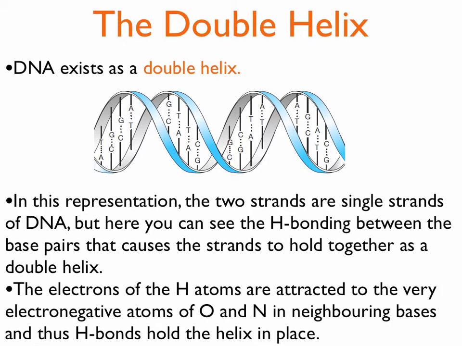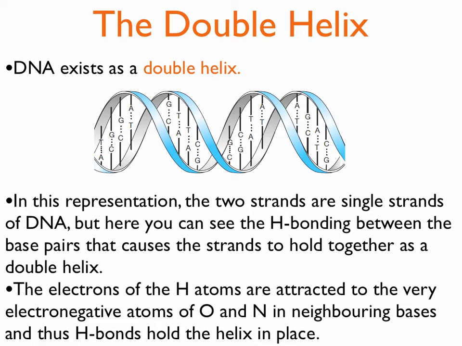You have 2 strands that are single strands of DNA, but here you can see that hydrogen bonding exists between base pairs that holds 2 individual strands of DNA very tightly together. You can see the hydrogen bonds being indicated between the pairs, and A is always bonded to T, G is always bonded to C. We've got AT GC.